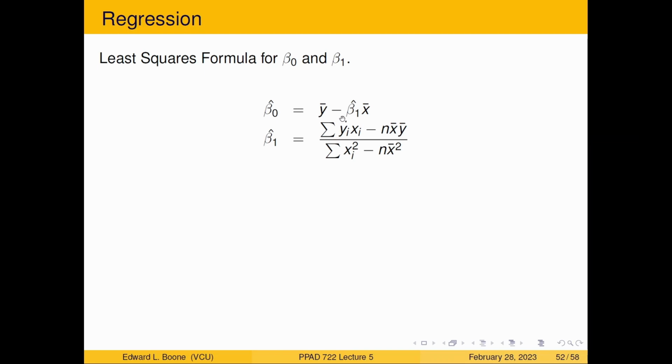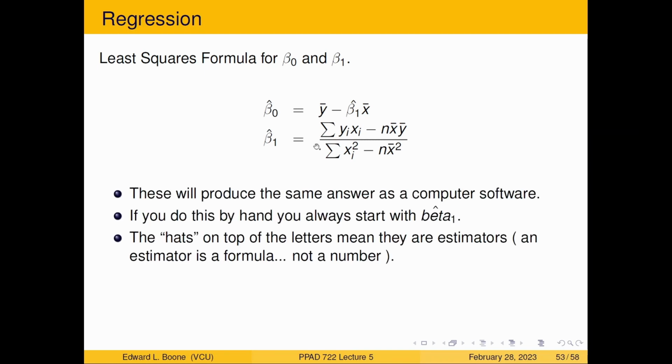We'll worry about that in another video, but you can do this. And the key here is this is going to give you the same answer as if you did it with a computer. If you're going to do this by hand, start with beta 1 because you need it for this formula. And the hats on top here mean these are estimators. An estimator is a formula and not a number.